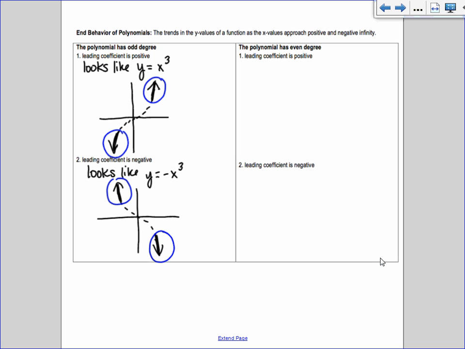Okay, if it has even degree and the leading coefficient is positive, it's going to look like which one? Positive x squared, right? And positive x squared is where your two ends are going up, because it was like the parabola.